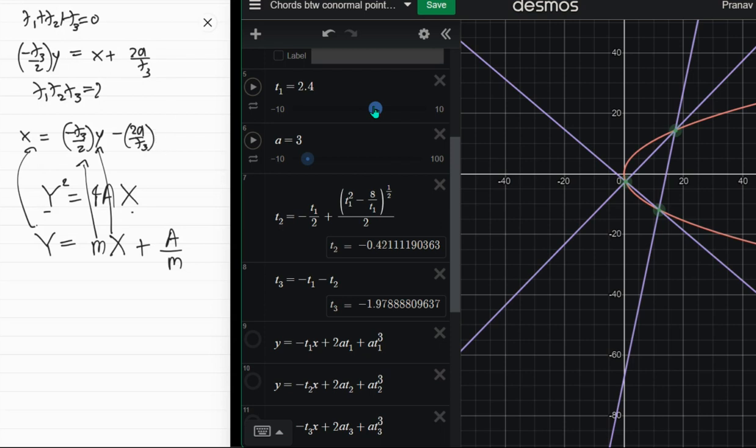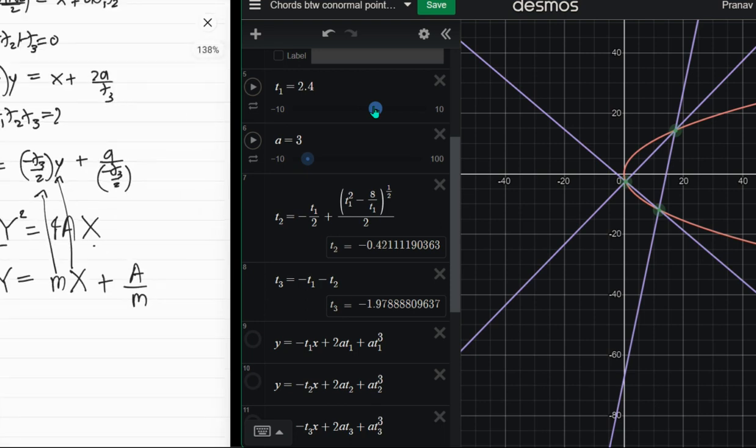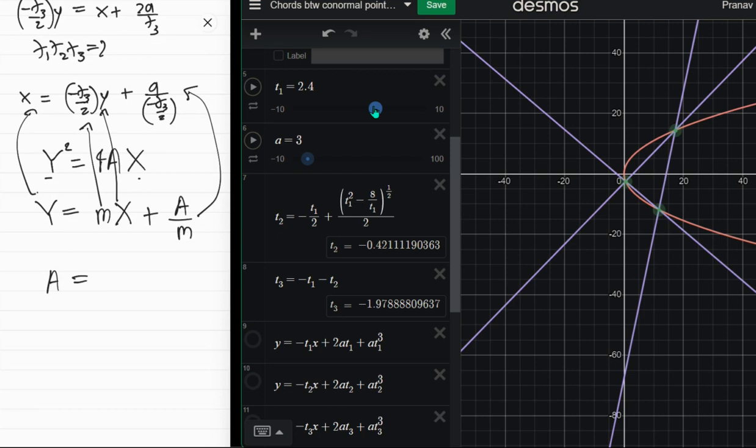We could write this in a better format: a upon negative t3 upon 2. And now you can see that capital A upon m becomes the constant term, and capital A is the same thing as small a. So let me write it down: capital A is small a, small m is negative t3 upon 2.